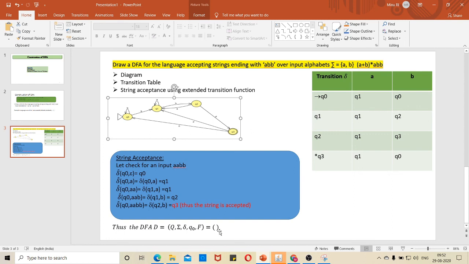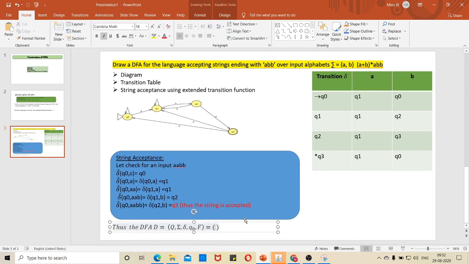Now, by the end, all the DFA or NFA will be explained with this important 5-tuple, that is capital Q, comma, sigma, comma, delta, comma, Q0, comma, F, where capital Q is your set of states, sigma is a set of inputs, delta is a transition function, Q0 is your initial state, F is your set of final states.